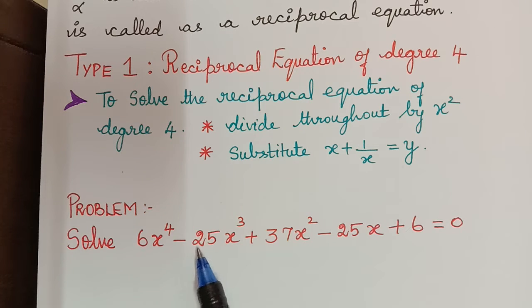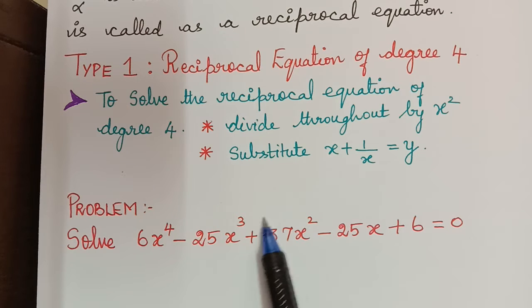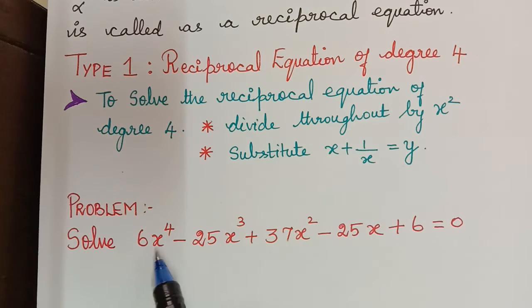And then we could see that the second term is negative 25 and the last but one term, one ahead of the last, is negative 25. So both are same. And then we have a middle term here. Now this is an equation where the degree of the equation is 4.